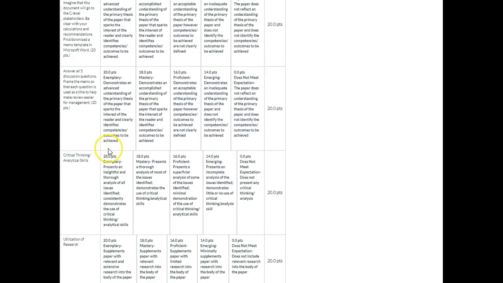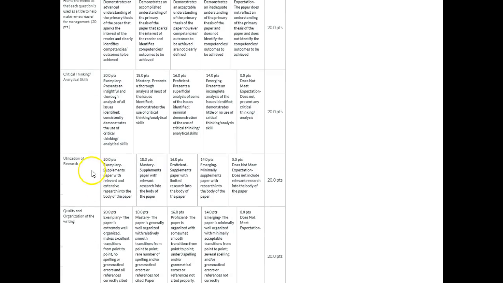Then critical thinking and analytical skills. For full credit, it presents an insightful and thorough analysis of all issues identified, and consistently demonstrates the use of critical thinking and analytical skills. Then utilization of research: you need to make sure that you have some peer-reviewed scholarly articles in your reference list.